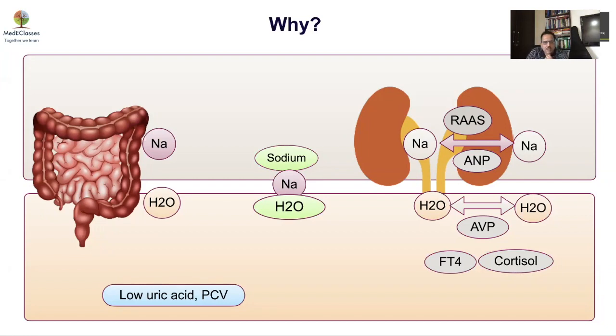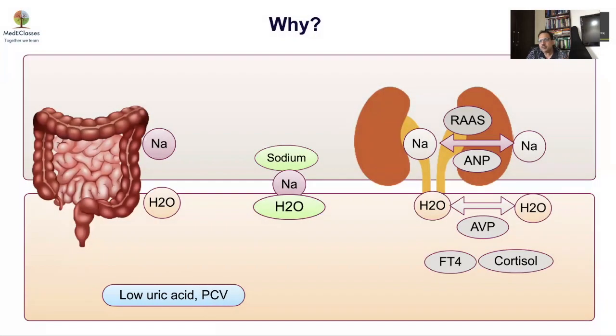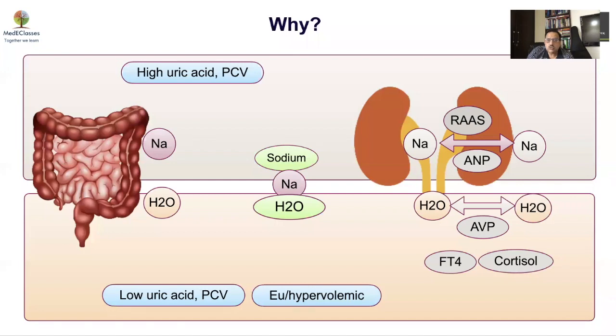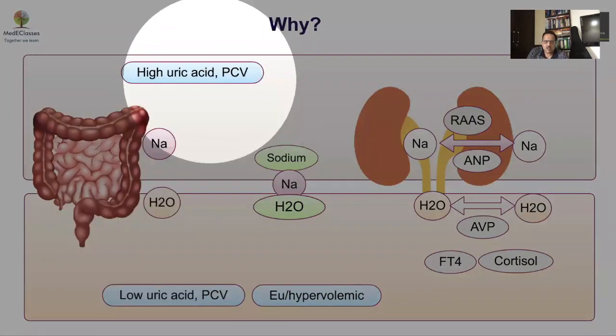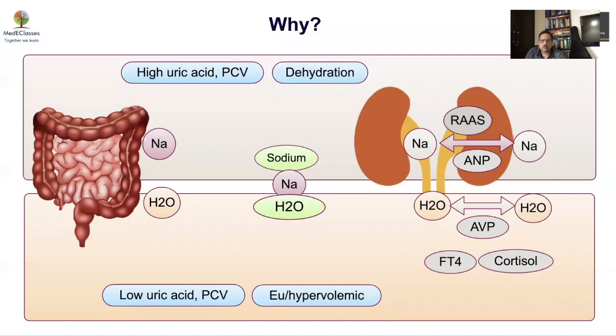So low uric acid is a very good marker of fluid overload, and this would be indicative of a SIADH-like situation, so to speak. They will be euvolemic or hypervolemic, while those who have sodium depletion will have a high uric acid and PCV. This is to differentiate renal from adrenal. Now, they will of course be dehydrated.